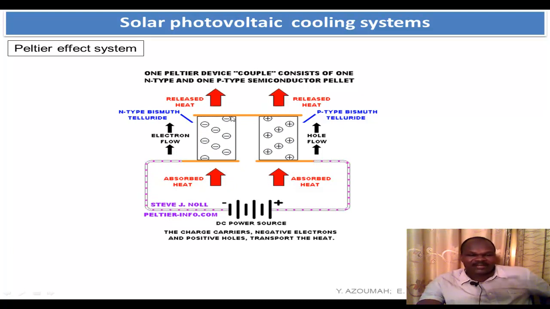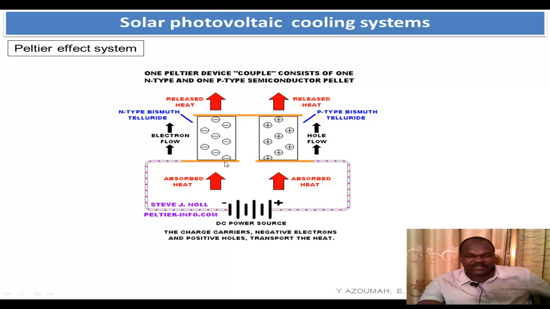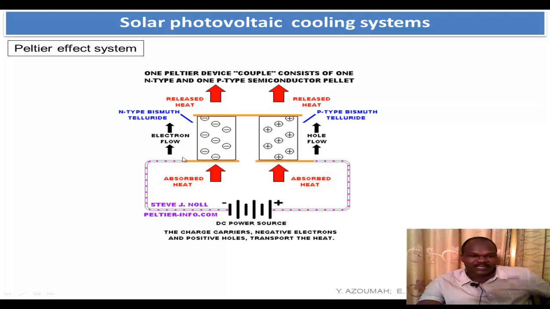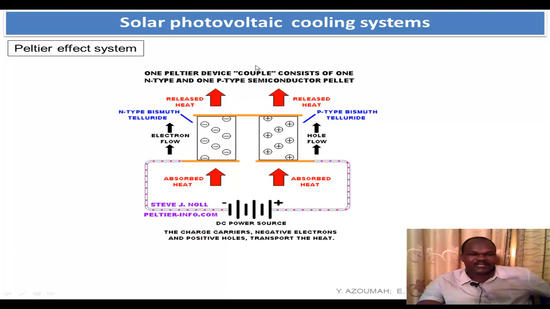So what carries the heat is not a refrigerant, not a fluid circulating, but rather the electrons and the holes that are circulating, which pick up the heat and release it.